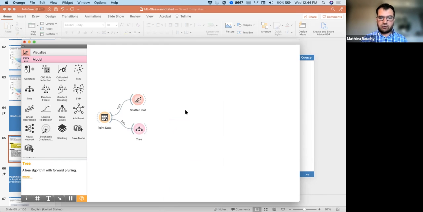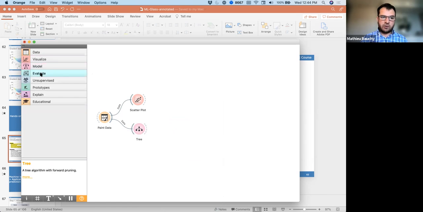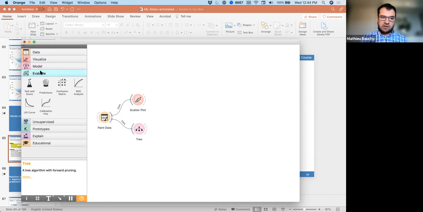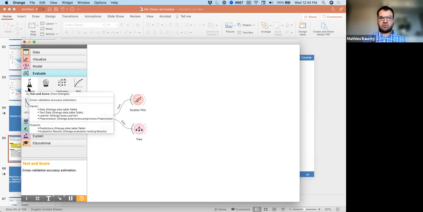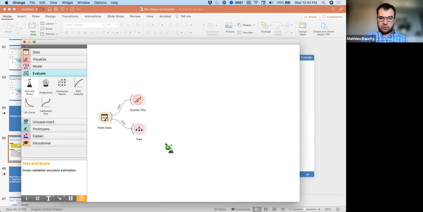For this, you will need to go to a different category, which is Evaluate. The Evaluate category is going to be useful to see how accurate the classification model is. For example, here I'm going to use the Test and Score widget. This Test and Score is going to be useful to tell me how accurate this tree model is.